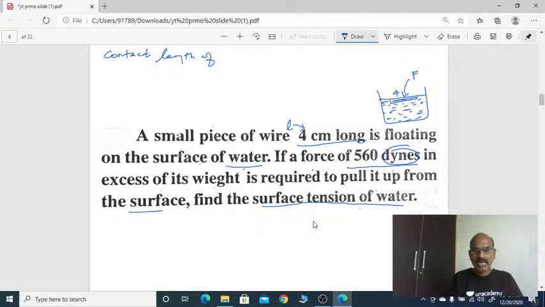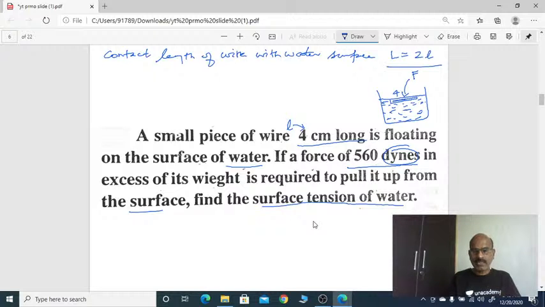Right? The contact length of the wire, solid, with the liquid surface, with the water surface. What is the contact length of the wire with the water surface? That length is twice, right, it has 2 free surfaces.